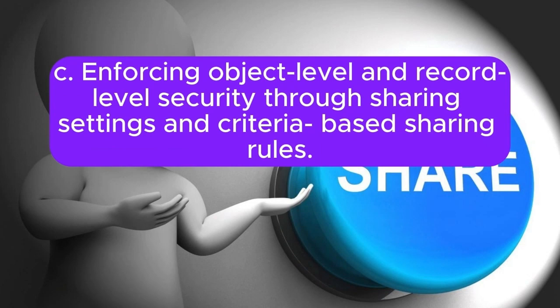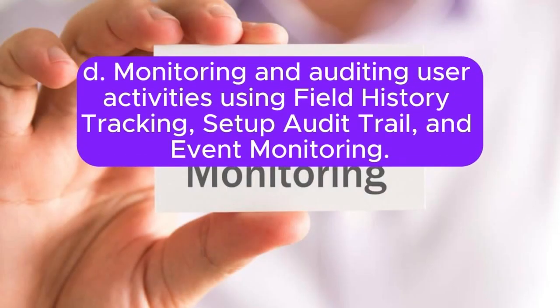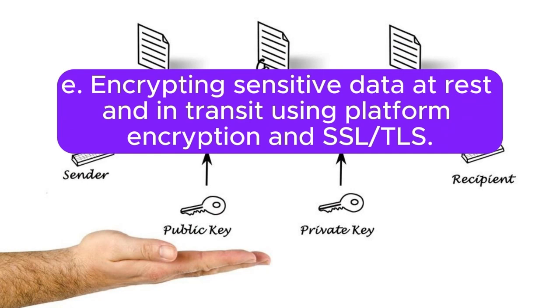C. Enforcing object-level and record-level security through sharing settings and criteria-based sharing rules. D. Monitoring and auditing user activities using field history tracking, setup audit trail, and event monitoring. E. Encrypting sensitive data at rest and in transit, using platform encryption and SSL/TLS.